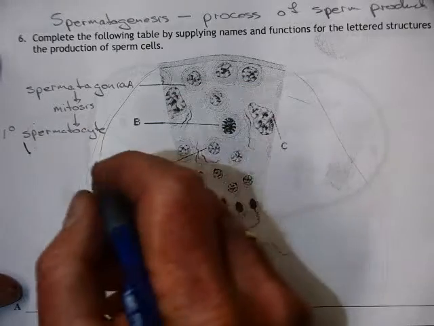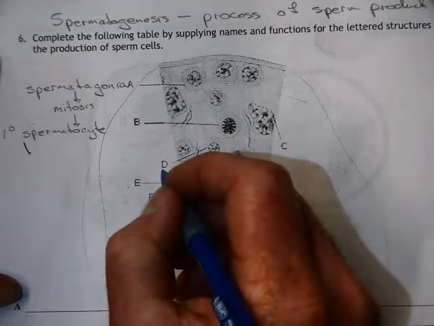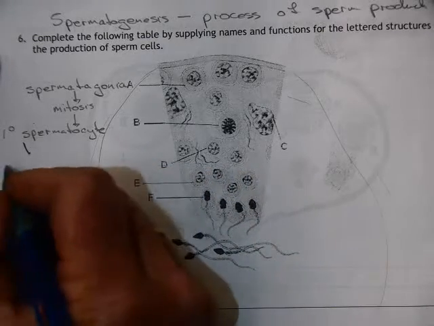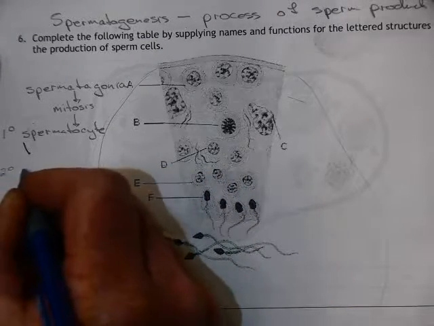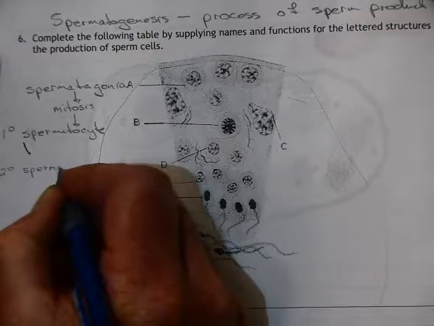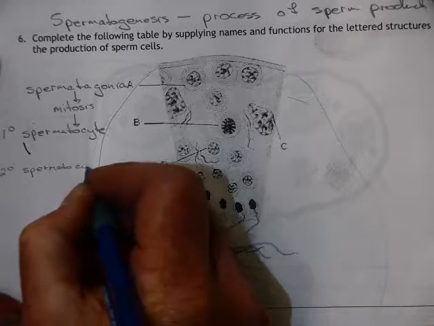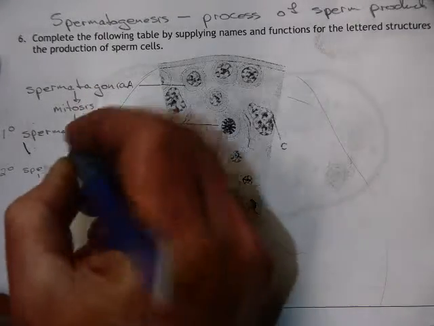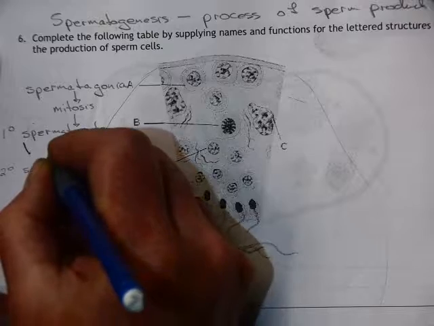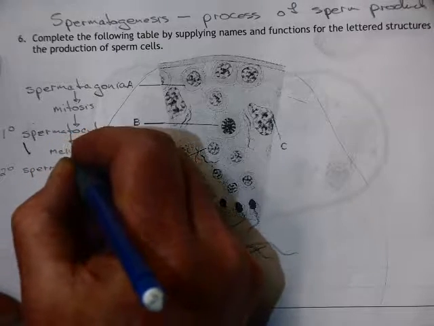From here, this is going to go down to D, and this is called a secondary spermatocyte. And this is arrived at through reduction division or meiosis.